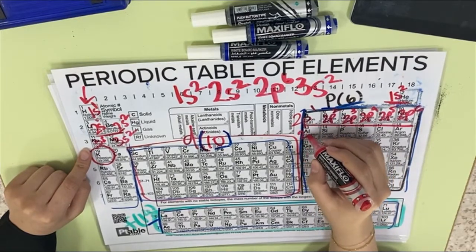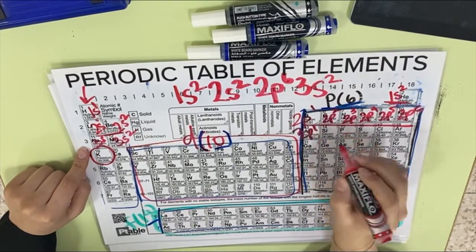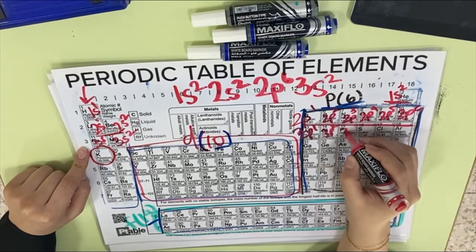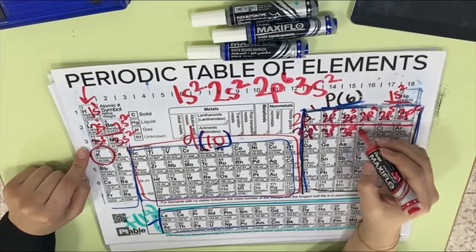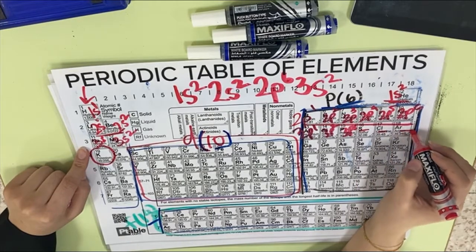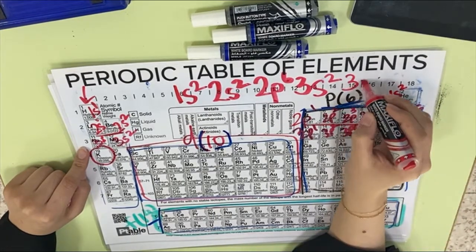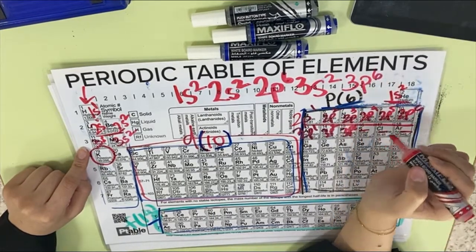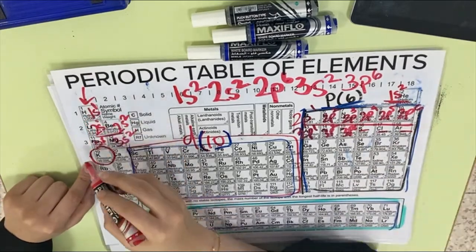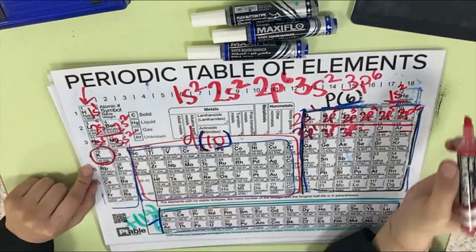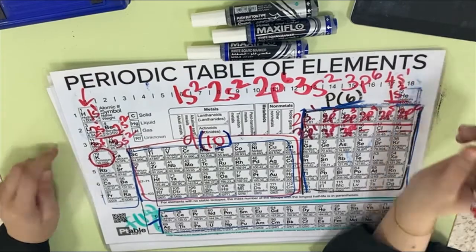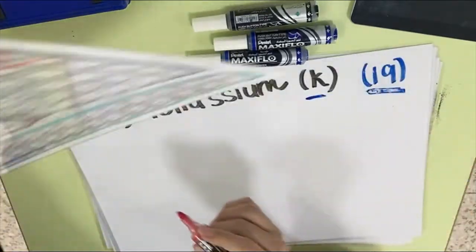So 3p1, 3p2, 3p3, 3p4, 3p5, 3p6. So we have 3p6. And then finally, 4s1. So let's write it out clearly and neatly.